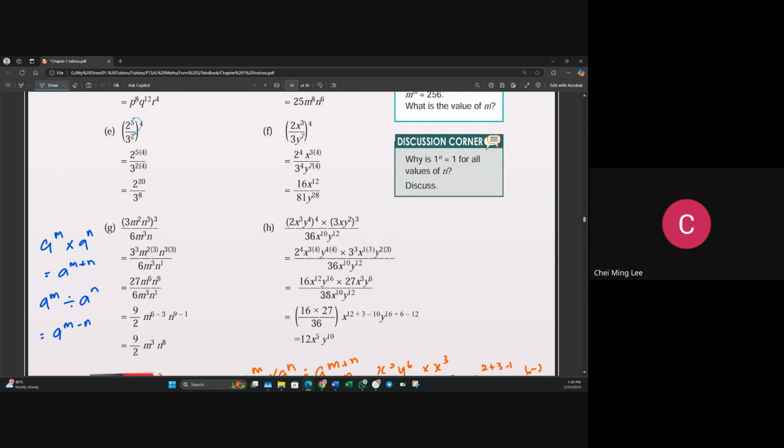So took out all numbers, it becomes 16 times 27 over 36. Then x to the power of 12 plus 3 minus 10, and then y is 16 plus 6 minus 12. So it becomes 12 x to the power of 5, y to the power of 10. Understand?